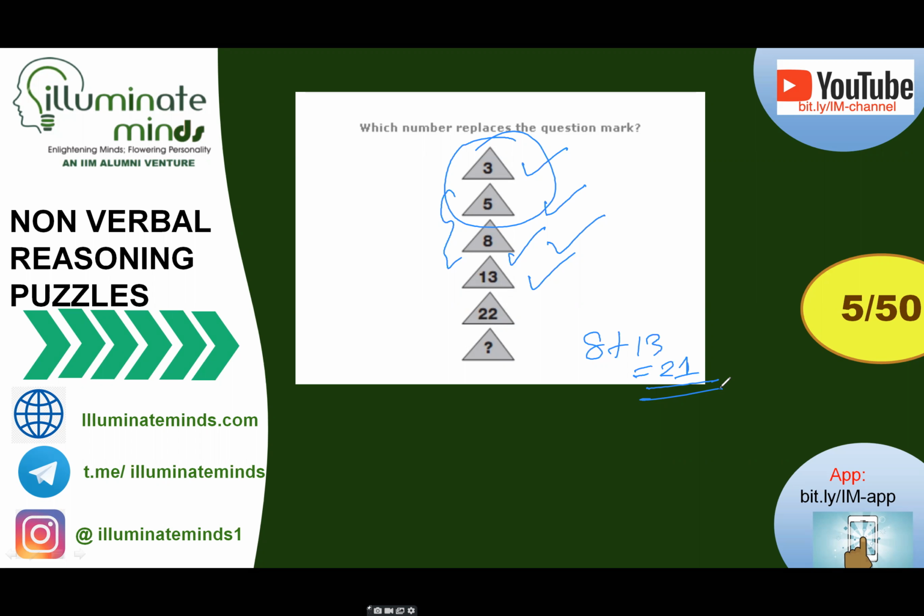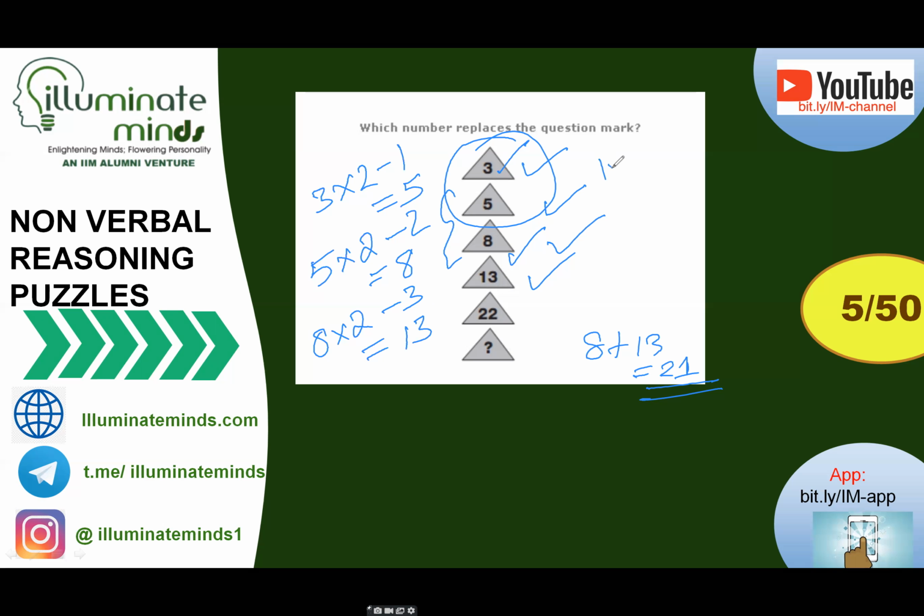So let's think about this. If I do the first number, that is 3 into 2 minus 1, this will give me 5. 5 into 2 minus 2 will give me 8. 8 into 2 minus 3 will give me 13. So this is right.